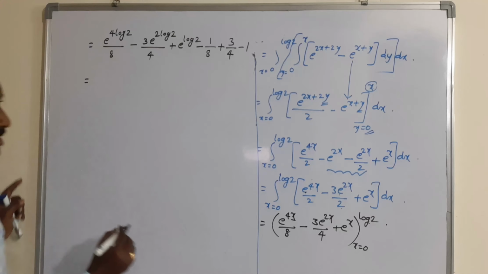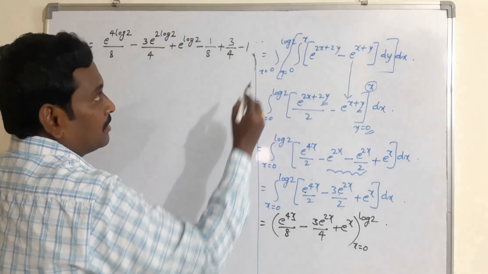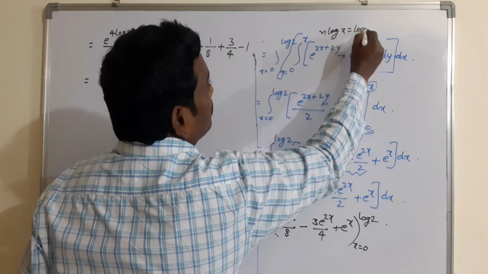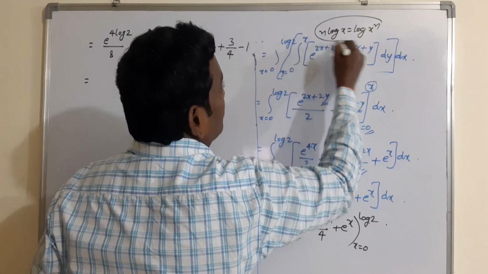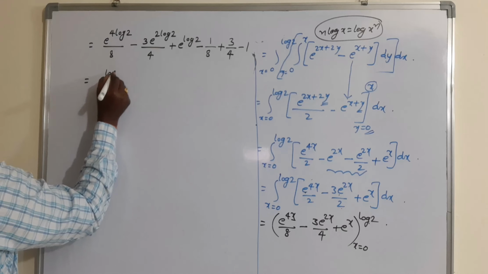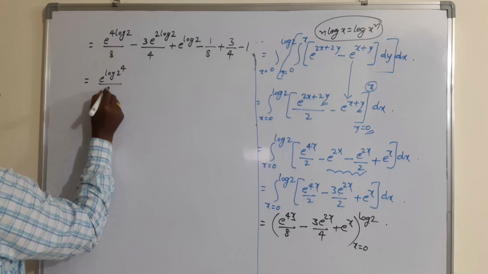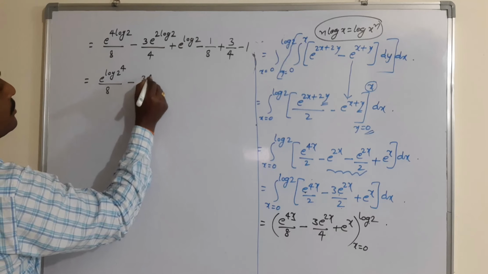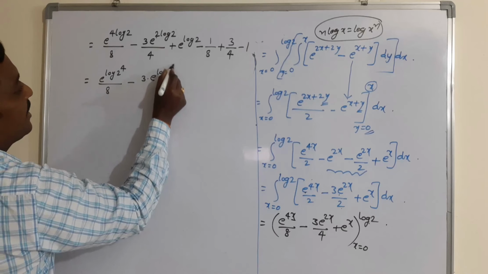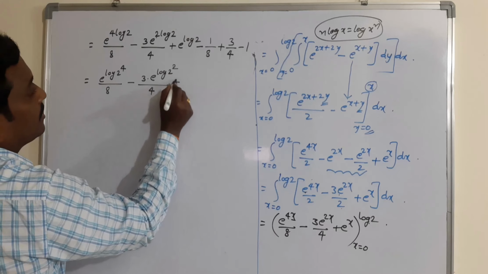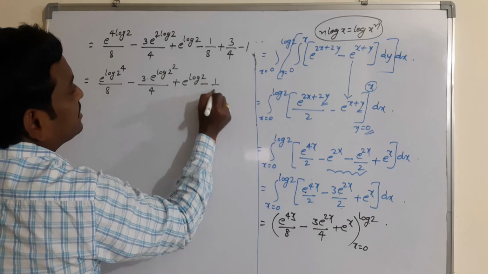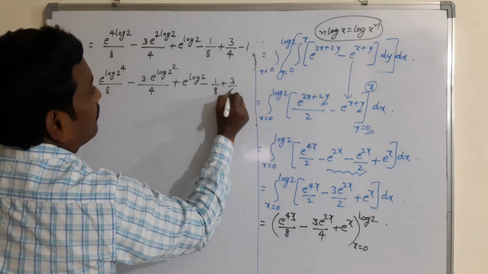Now already we know that n into log x is equal to log x power n. That's why you will get e power log 2 power 4 by 8, minus 3 into e power log 2 square by 4, plus e power log 2, minus 1 by 8 plus 3 by 4 minus 1.